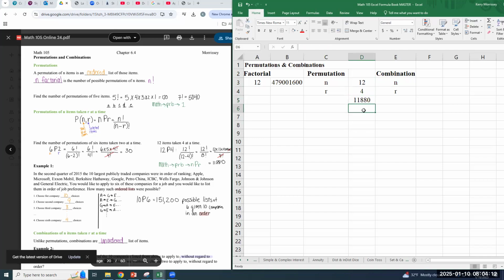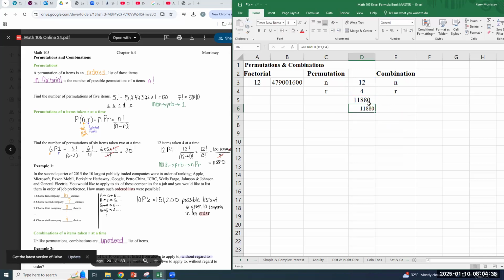However, what I want us to really do is use the permutation setting. So we can say equals permut, and it says number. This is going to be your n, the bigger of the two numbers, the pile, from which we're now going to be selecting a small minority. Then it says number chosen, that would be 4.